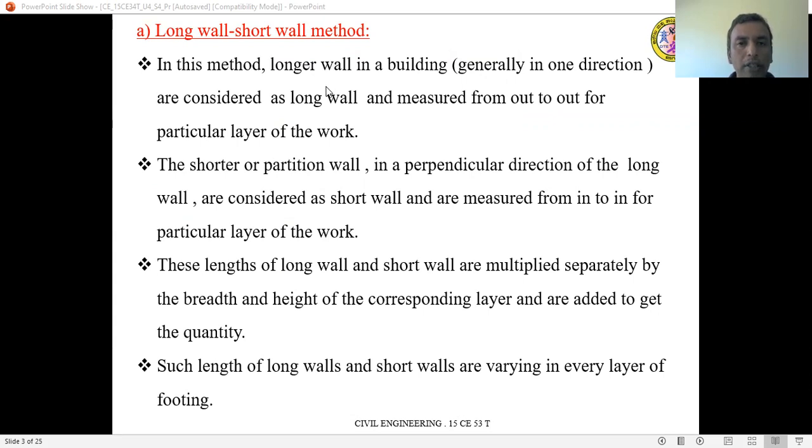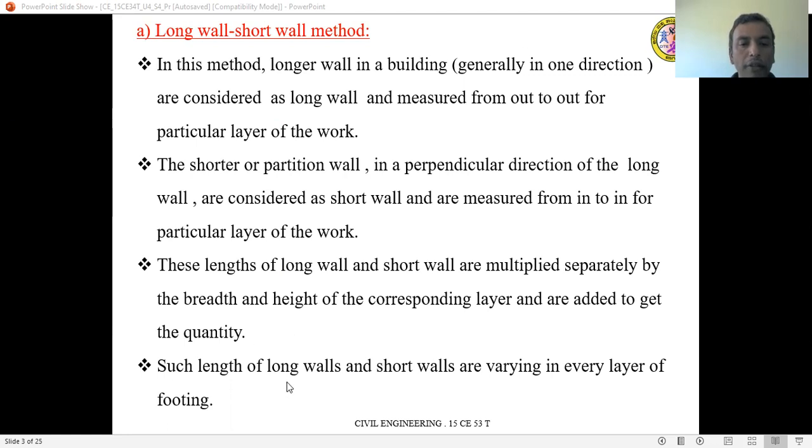After getting the center to center length of long wall and center to center length of short wall, you can easily calculate the quantity of each item of work by multiplying the length of long wall or length of short wall by breadth and height of the corresponding layer, and add them to get the total quantity of each work.